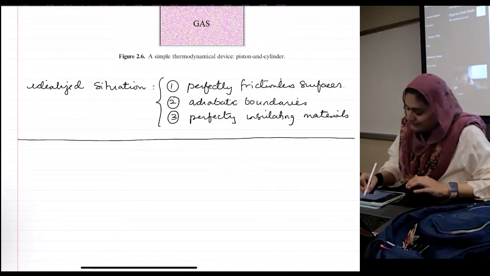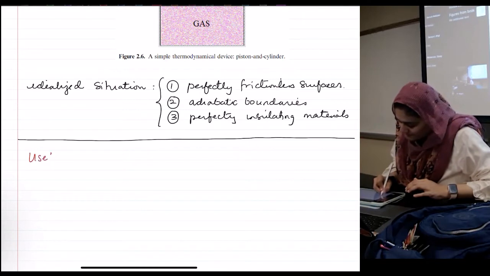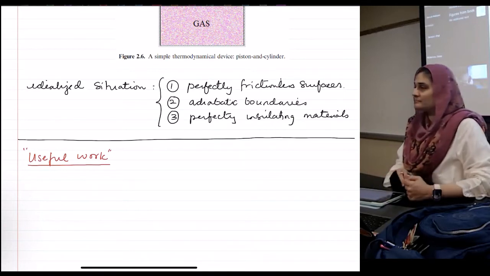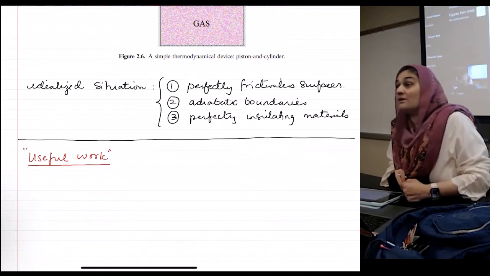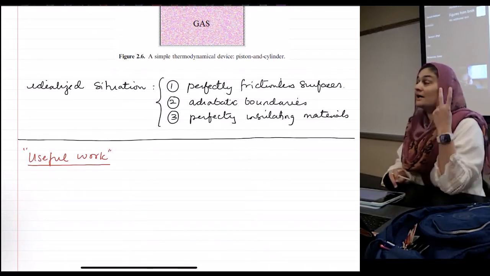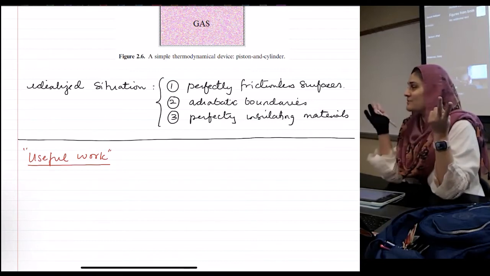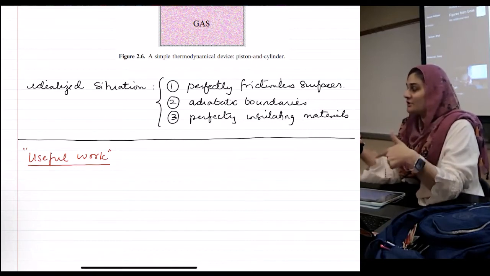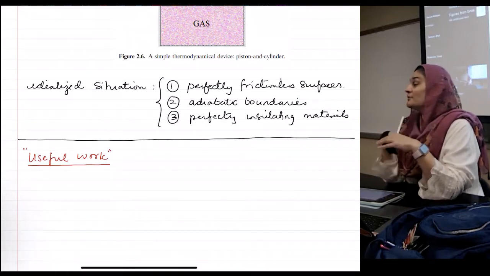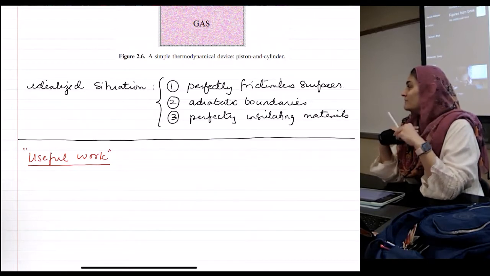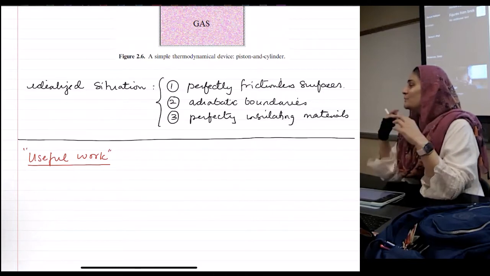The next thing I have to tell you guys is this term. So we talked about work, right? And all I said was that there are two kinds. What are the two kinds of work? Compression and expansion. Now I'm going to define another term that is called useful work. You press a button, what does an elevator do? It comes to you, right? Suppose you're on the third floor and you press the elevator.